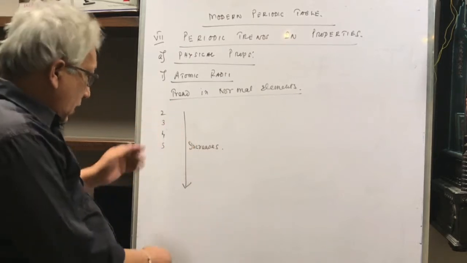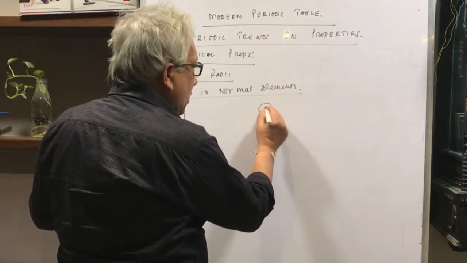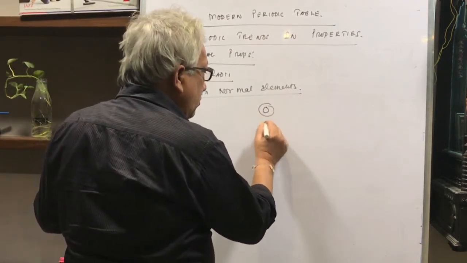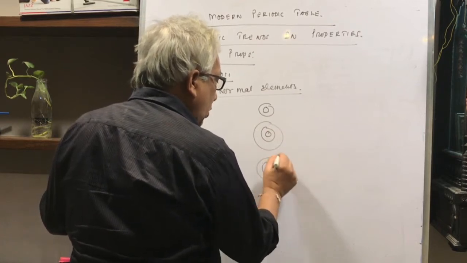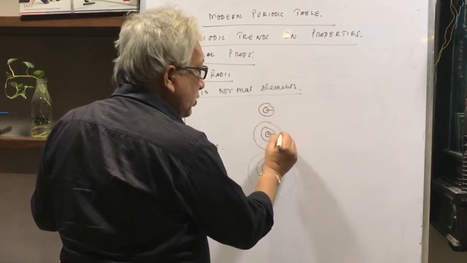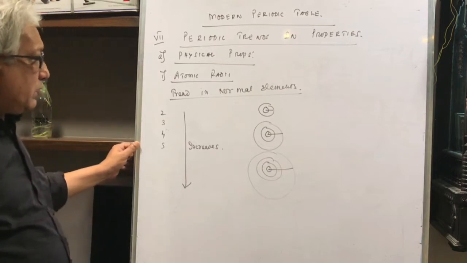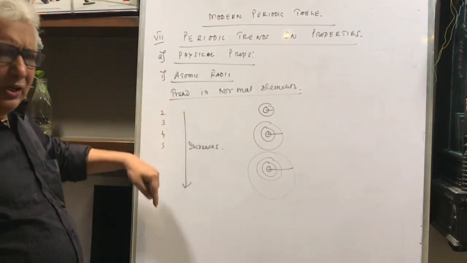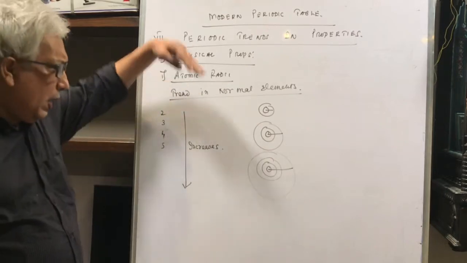So as you go down the group, the number of shells goes on increasing to accommodate the extra electrons. And if the number of shells goes on increasing, the distance between the center of the nucleus and the outermost shell also goes on increasing, and therefore it is very clear that the atomic radius will go on increasing down any group.